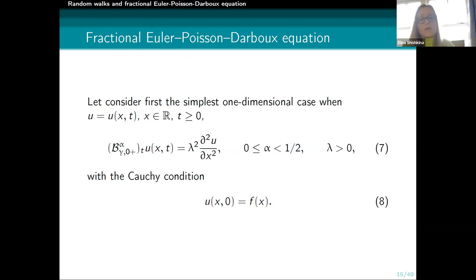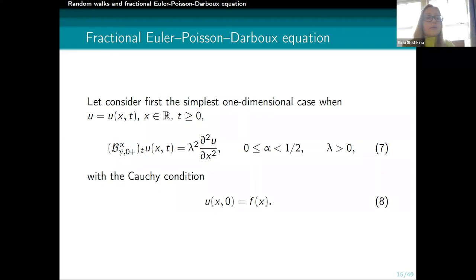Yes, I started. Instead of the second derivative, I put here a fractional Laplacian. Yes, we can study this model, and I actually had some results for the model when we have a fractional Laplacian on the right side.